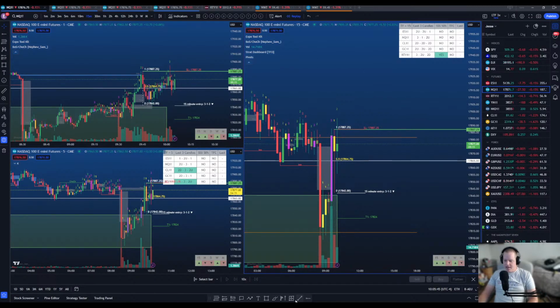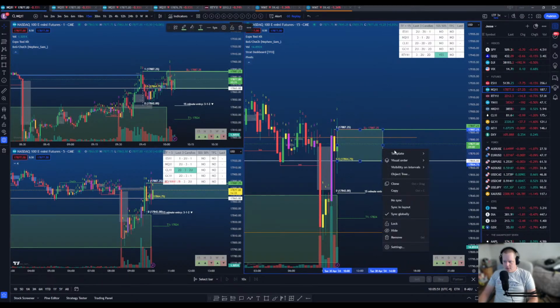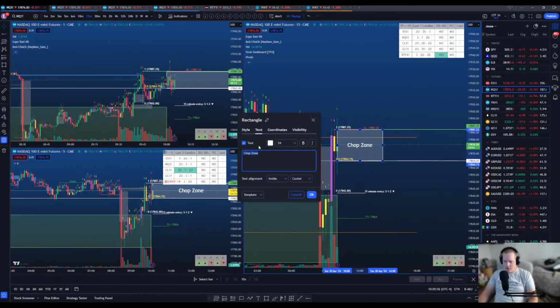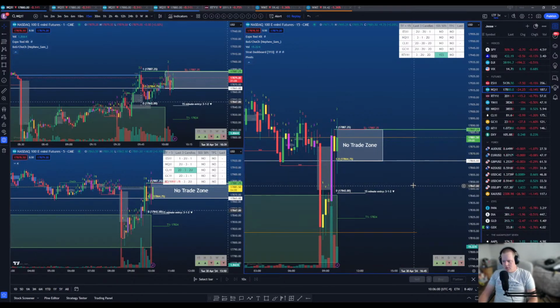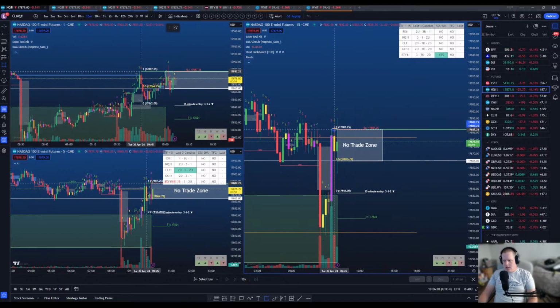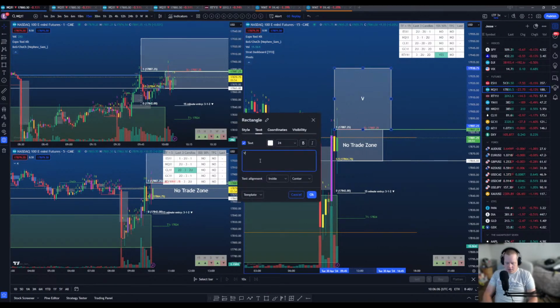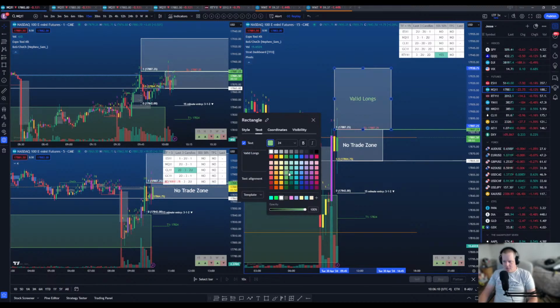And that makes this pretty much a no trade zone. Right? Do I have a no trade zone? Chop zone? And that makes this area valid longs, we'll do a little green.